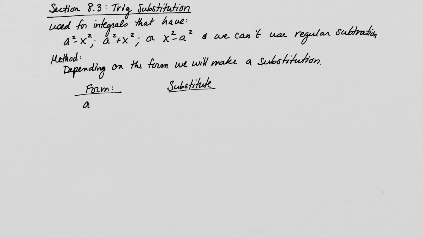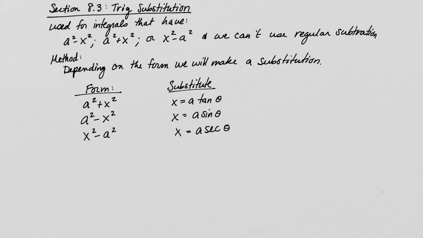If we have a squared plus x squared, we are going to let x be equal to a tangent theta. If we have a squared minus x squared, we're going to let x be equal to a sine theta. And if we have x squared minus a squared, we're going to let x be equal to a secant theta.